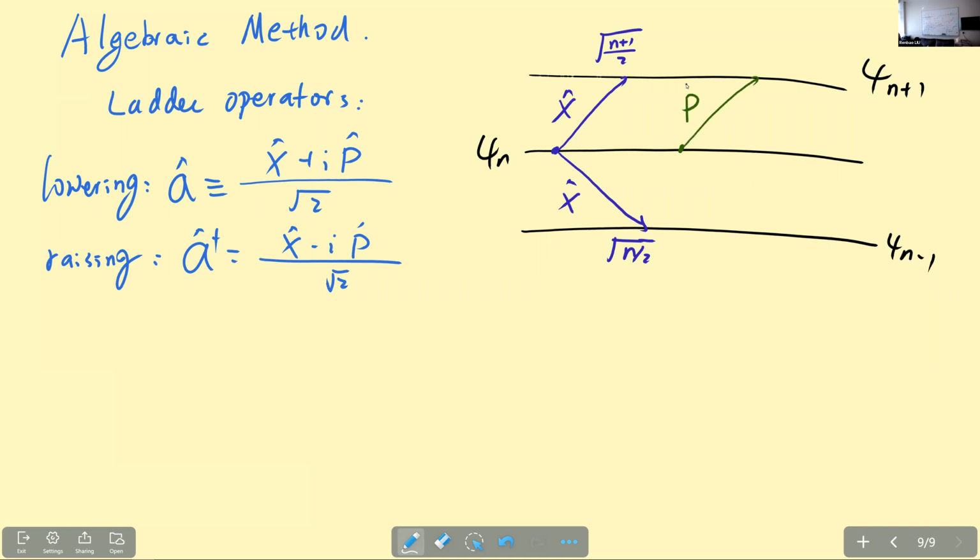Applying the momentum operator gives i times square root of (m plus 1) over 2 for one state, and minus i times square root of m over 2 for the other.